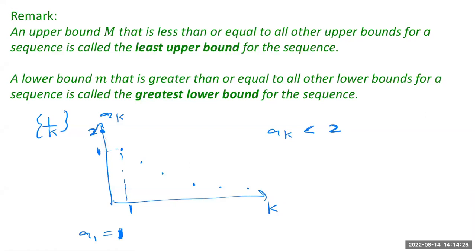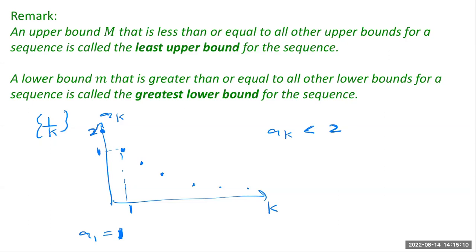What is the smallest upper bound that you can get for this particular sequence? 2 is an upper bound, 1.5 is an upper bound, 1.2 is an upper bound, 1.1 is an upper bound, 1.0001 is an upper bound. The smallest upper bound that you can get is 1, right? 1 is the smallest upper bound, and it is given a special name, the least upper bound.